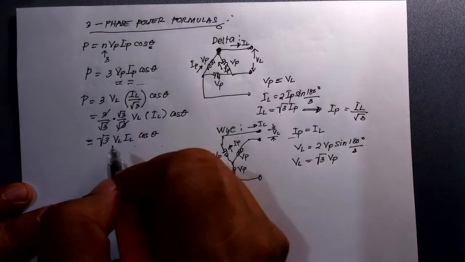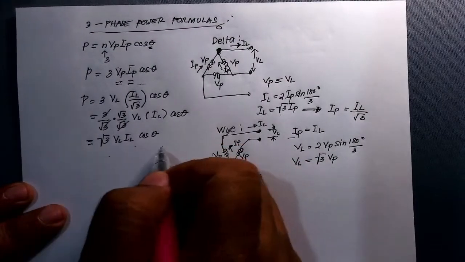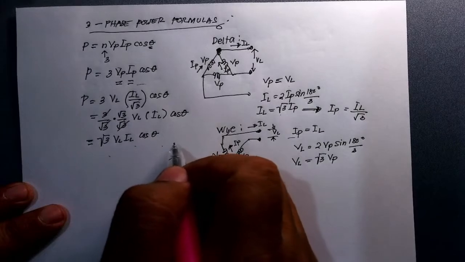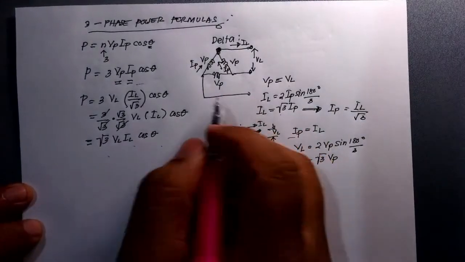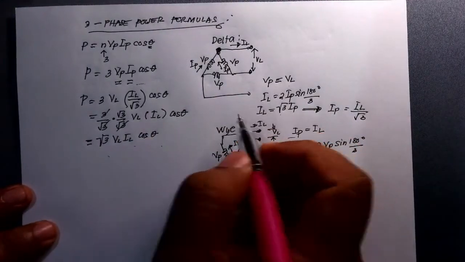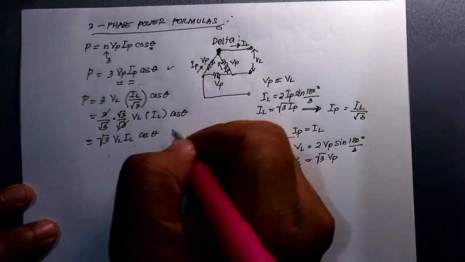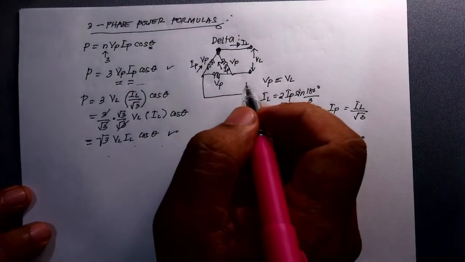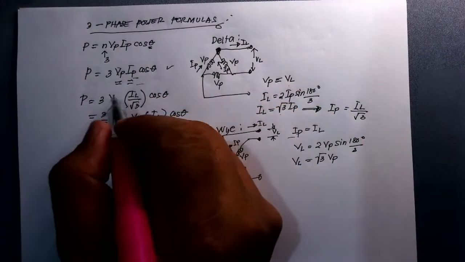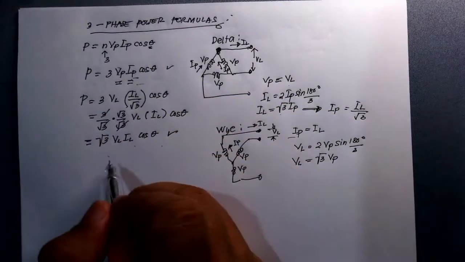When you substitute it here, it gives the same result. So this is your equation for P using phase current and phase voltage, and this one using line current and line voltage.